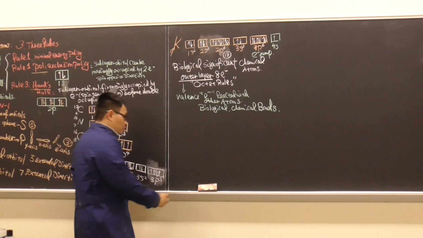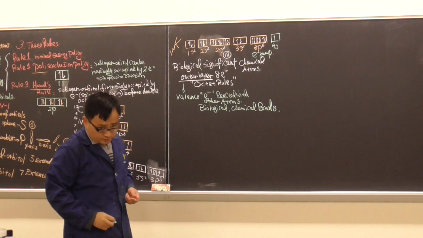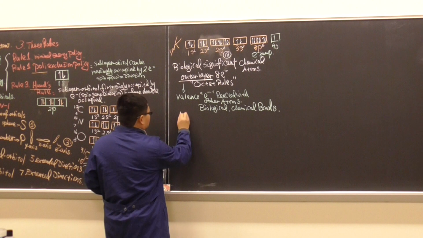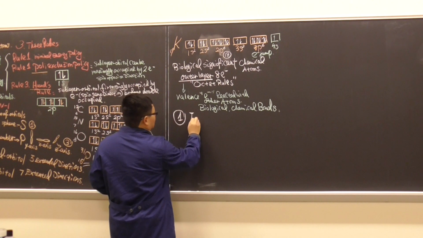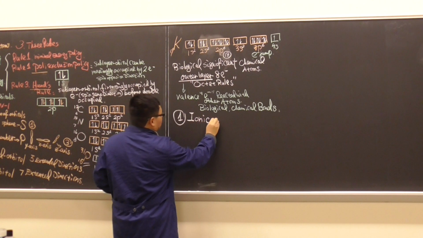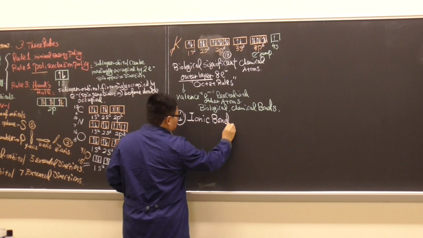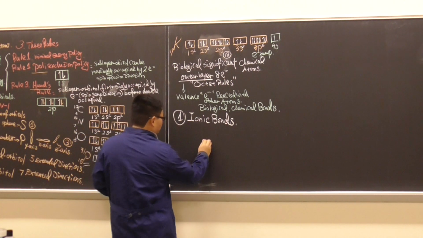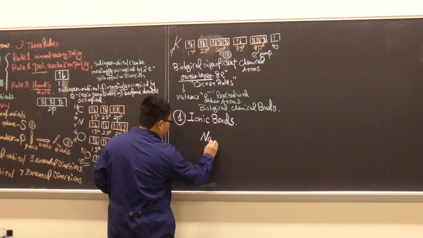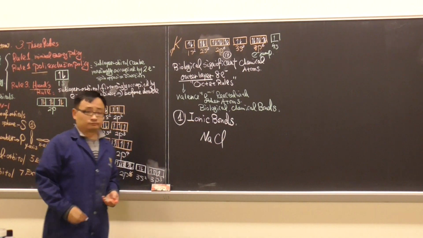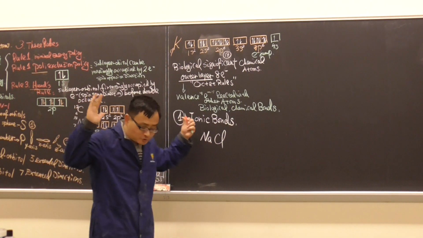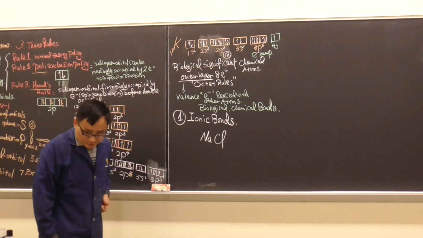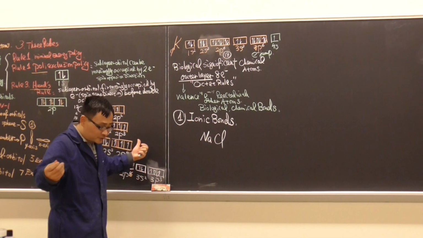Therefore, we end up with 3 very famous common chemical bonds. If you still remember, number 1, ionic bonds. What are ionic bonds? Do you remember the simplest one? Sodium chloride. Oh, sorry, sodium chloride. So simple. How are they connected with each other?